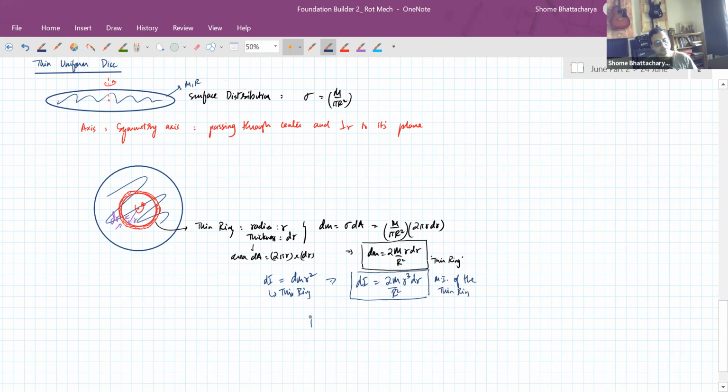So the moment of inertia of the disk will come by integrating the moment of inertia of all these thin rings.